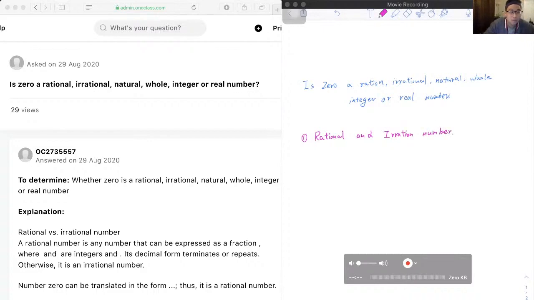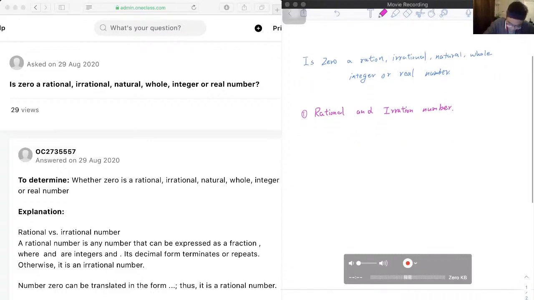A rational number is any number that can be expressed as a fraction. So let's write the keyword down: can be expressed as a fraction.